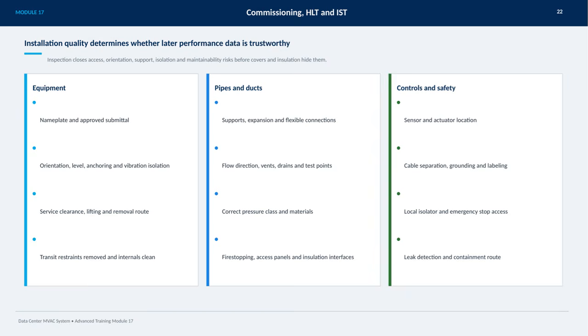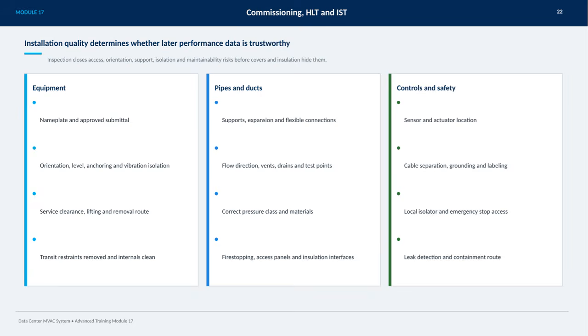When it comes to pipes and ducts, supports, expansion joints, and flexible connections must be properly installed. Flow direction should be correct, and necessary vents, drains, and test points must be in place. It's crucial to use the right pressure class and materials for safety and performance. Fire-stopping details, access panels, and insulation interfaces also require careful attention.